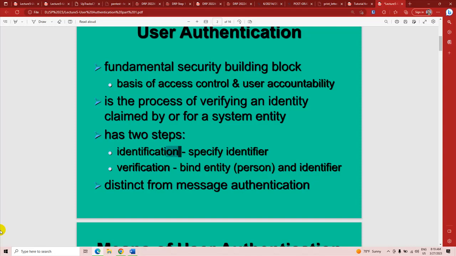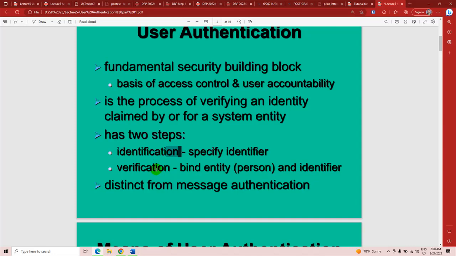And verifying the identification, that is associating the identity with any user or any system, is called binding, verification, authentication. So the authentication has two components, identification and verification.